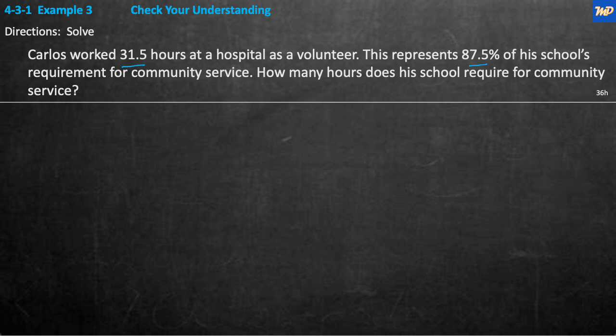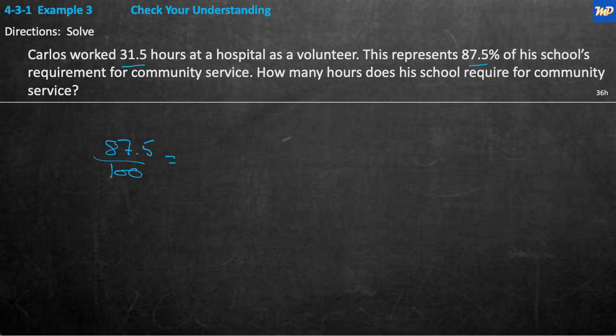Okay, so now let's write this out. So Carlos worked 31 and a half hours at a hospital, right? But it says 87.5% of the total of what he needs. So I'm going to write that. I'm going to say 87.5 divided by 100 is equal to what?